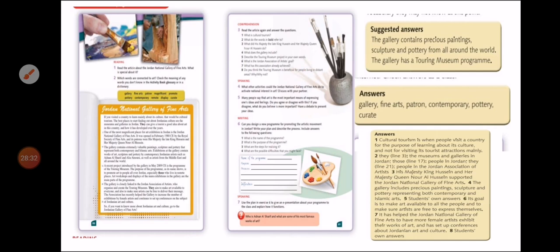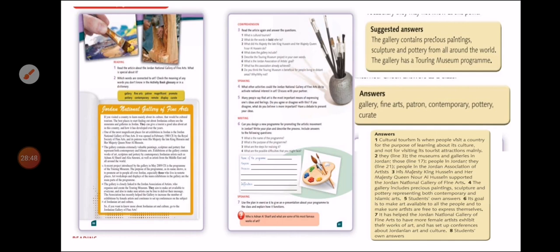Number 4. What does the gallery include? شو موجود في الجاليري؟ Now the gallery includes precious paintings, sculpture and pottery representing both contemporary and Islamic arts.